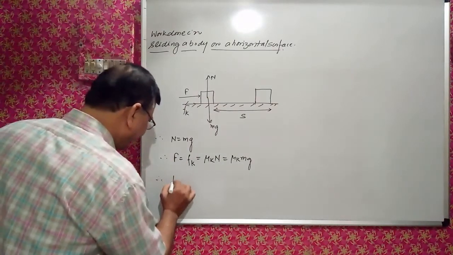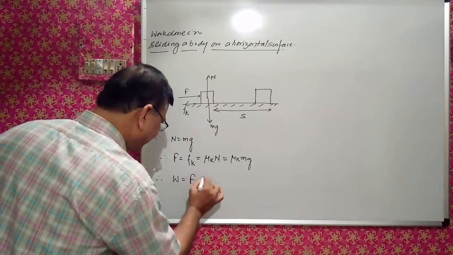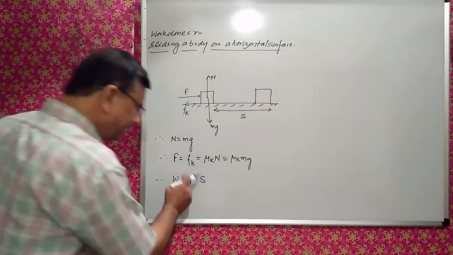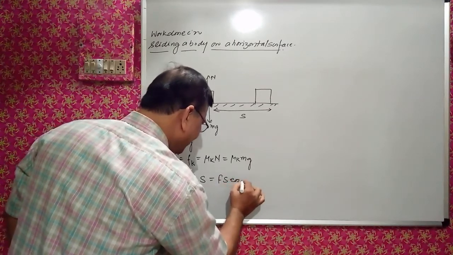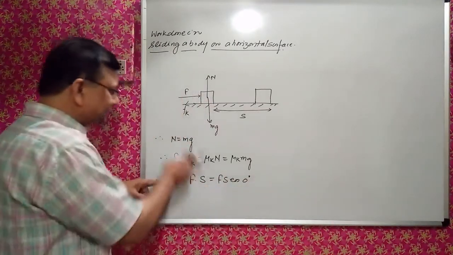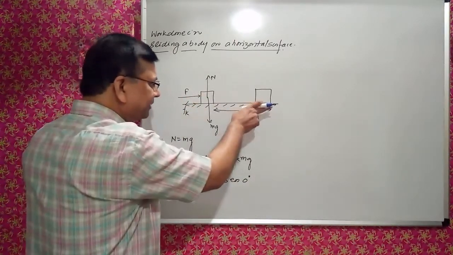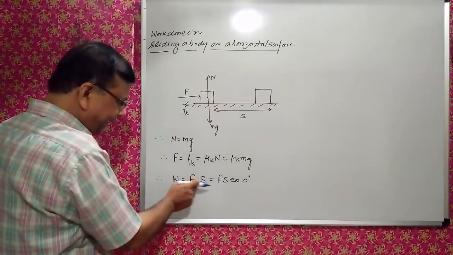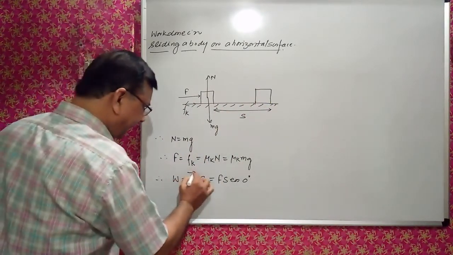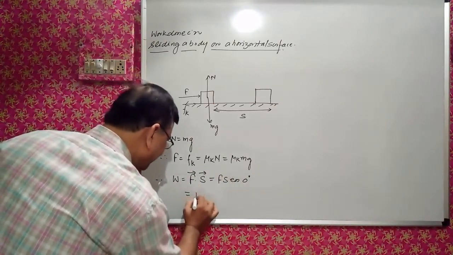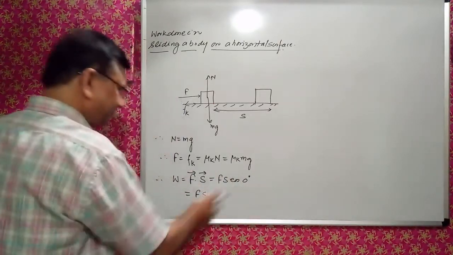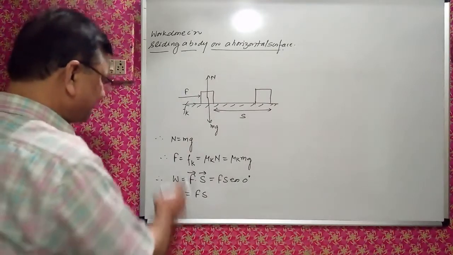Therefore, work done is equal to F dot S. Here, F S cos 0 degree, because the direction of force and the direction of displacement is the same. Therefore, the angle between force and displacement is 0. So it is simply Fs, because cos 0 is 1. And what is F?